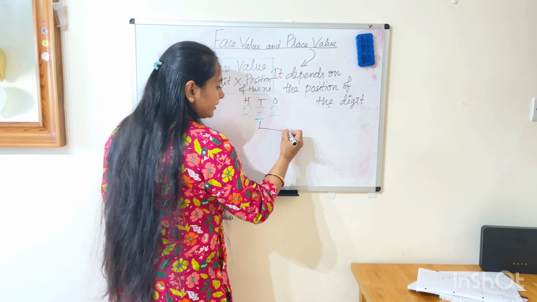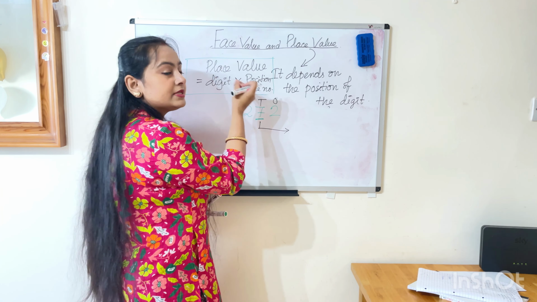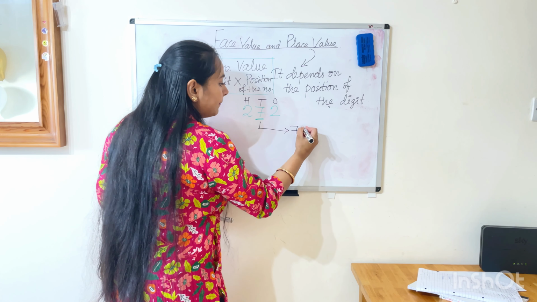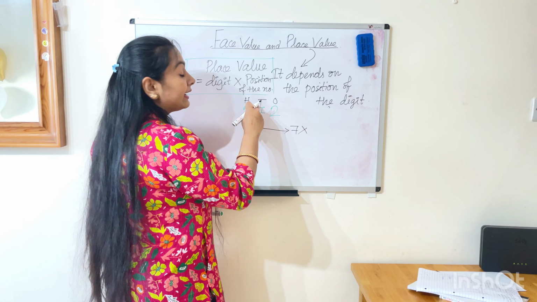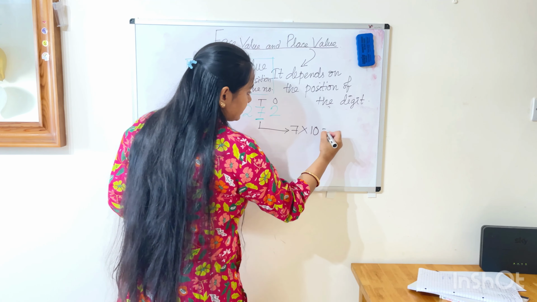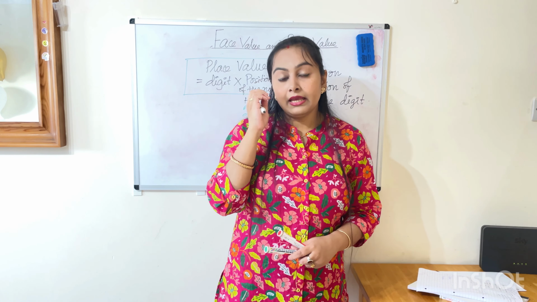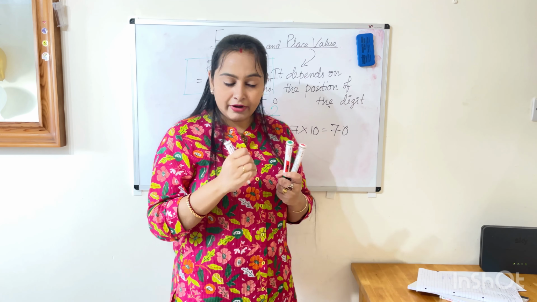So 7 is at the tens position. So what I have written here, or the simplest formula you can use: the digit, that is 7, multiplied with the position of the number. At what position it occurs: it is at the tens position. So 7 into 10 means 70. That will be your answer. Means 70 is the place value of 7, right?